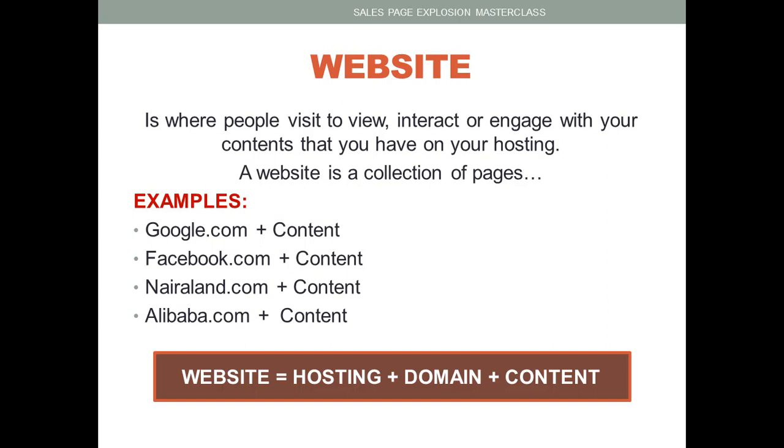Now 1688.com or alibaba.com is a website, while those product pages, page for health products, page for shoes, page for fitness products and the likes, they are web pages. The collection of these web pages gives what? The website. So your website is the summation of your hosting, domain, and content.